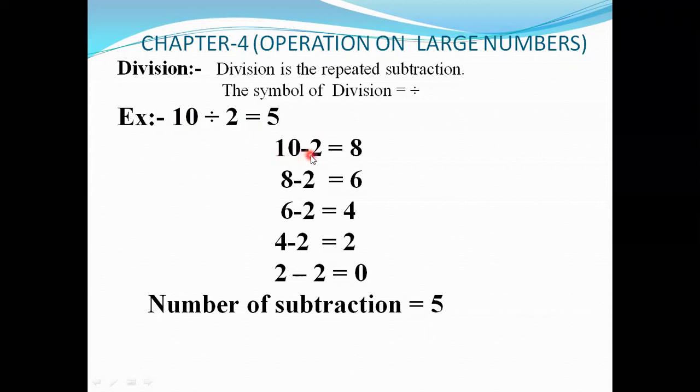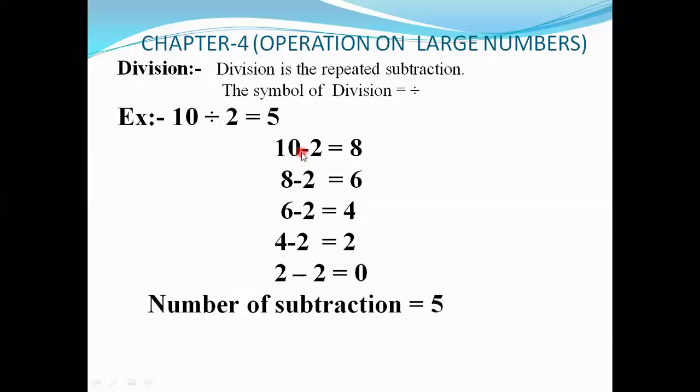When we subtract 2 from 10, we get 8. Once again, 2 is subtracted from 8, we get 6. And now 6 minus 2, we get 4. And now 2 subtracted from 4, we get 2. And lastly, 2 minus 2 is equal to 0.